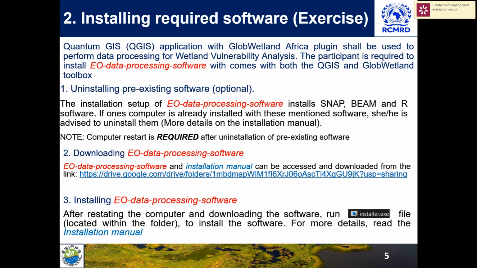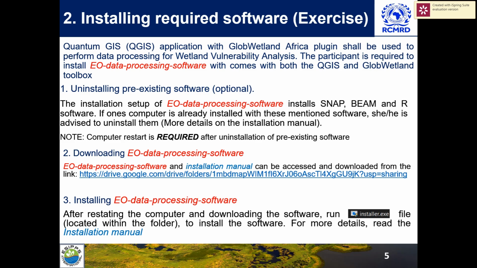It's a tool that was generated as a plugin and operates within the QGIS software, which is open source. So in the exercise, we'll perform three things. One, we'll first of all uninstall the pre-existing softwares. This is an optional process.